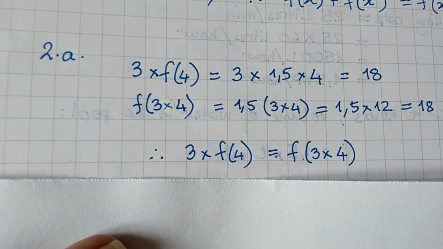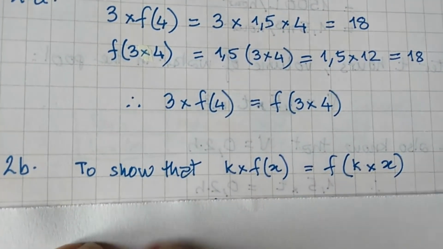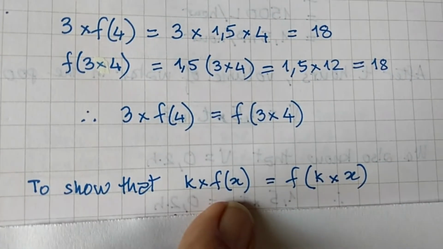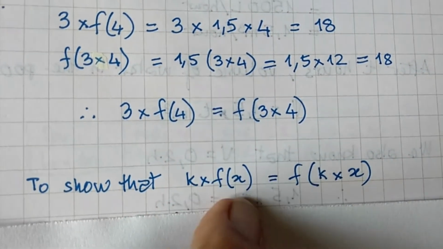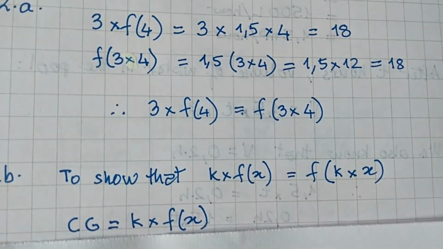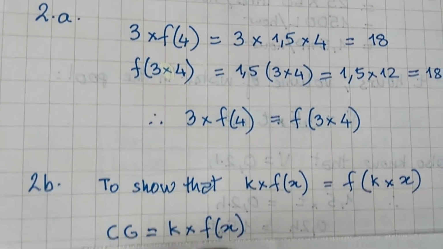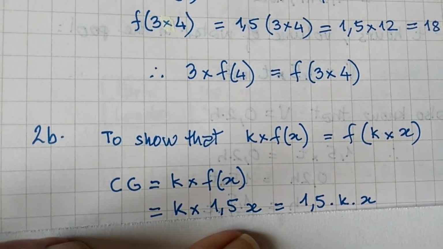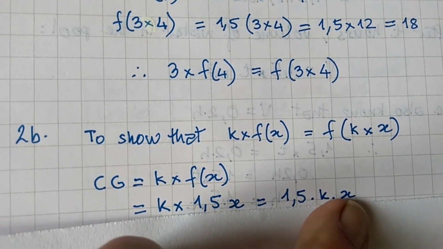And finally they ask us to show this for any x. So k fois f de x est égal à f de k fois x. To show this, again we'll take côté gauche, k fois f de x est égal à k fois 1,5x est égal à 1,5 fois k fois x.